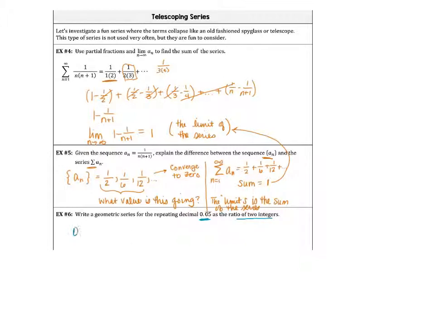So let's write out what we see about 0.05 repeating. If we were to extend that, that would be 0.050505, and so on. So we can look at this in each digit.